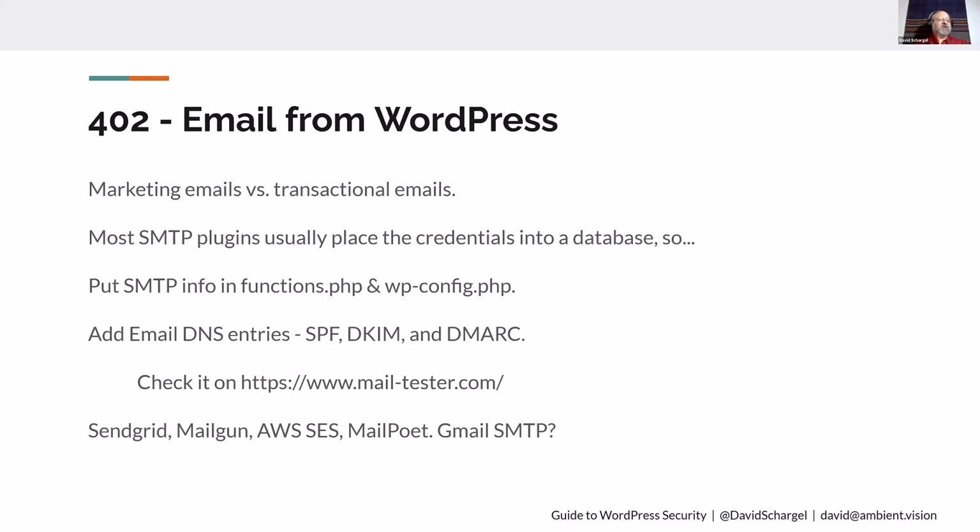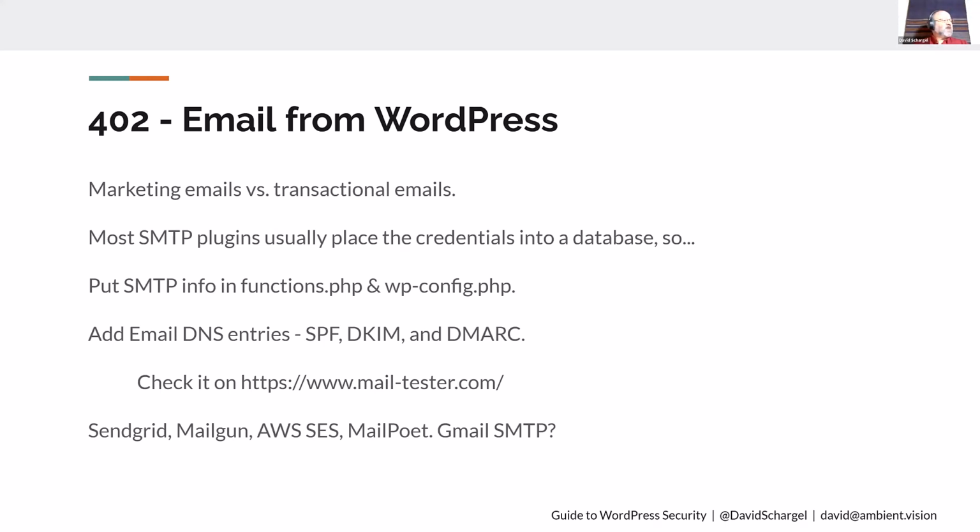Sadly, from an SMTP standpoint, a lot of these plugins put that information into the database in plain text. The concern is that if WordPress does get compromised, and people have access to your database, they potentially now have access to sending emails on your behalf.